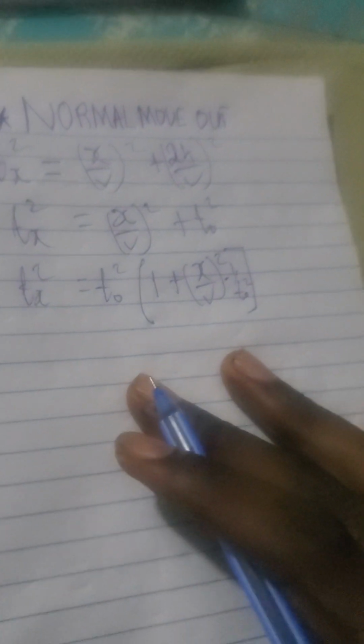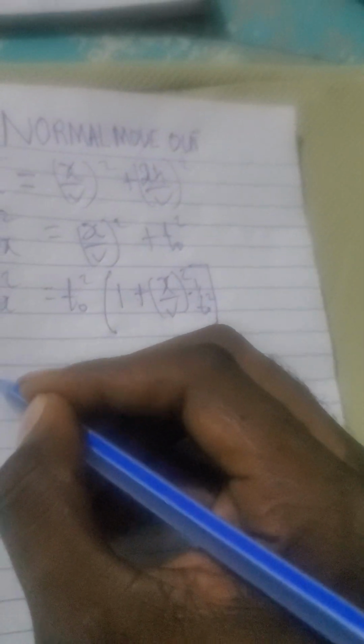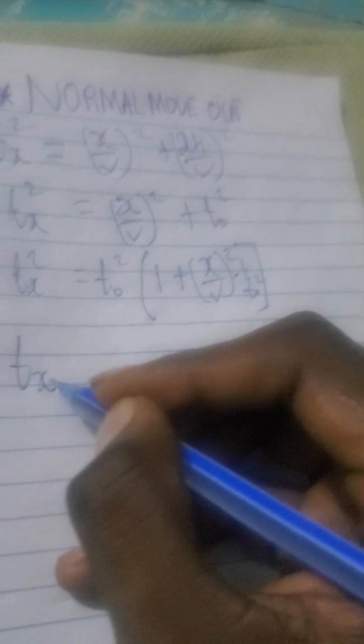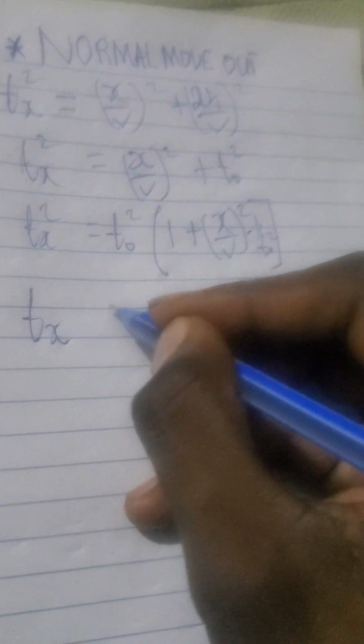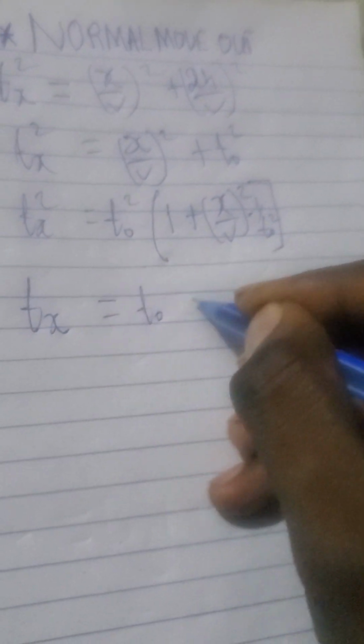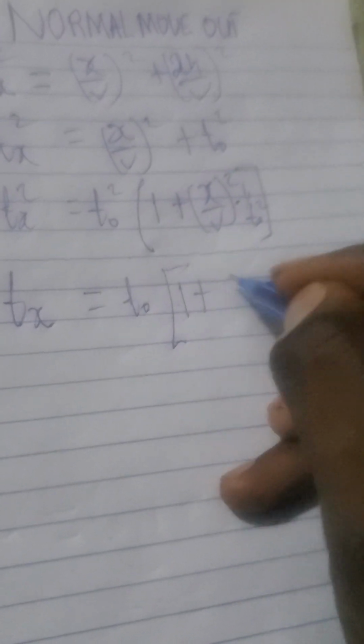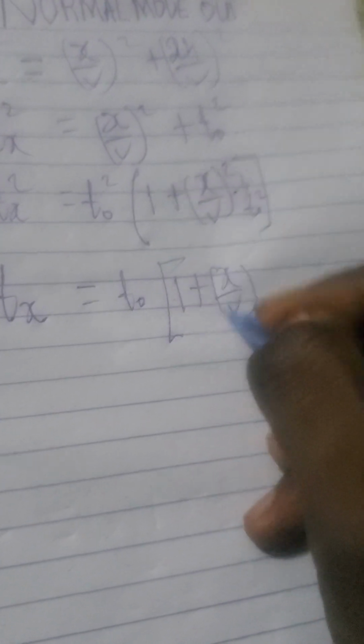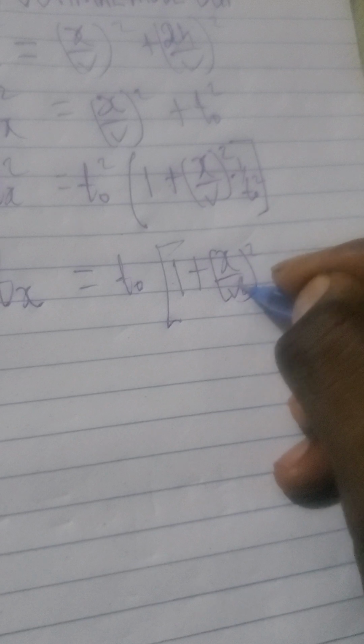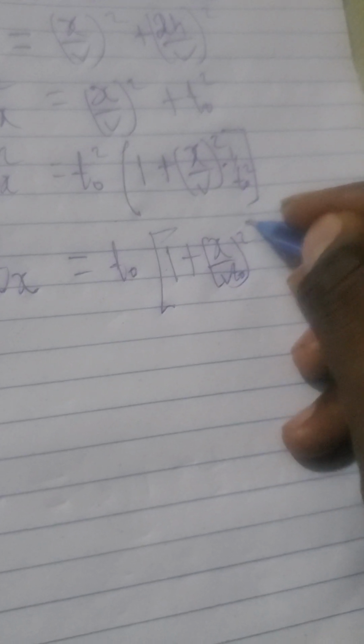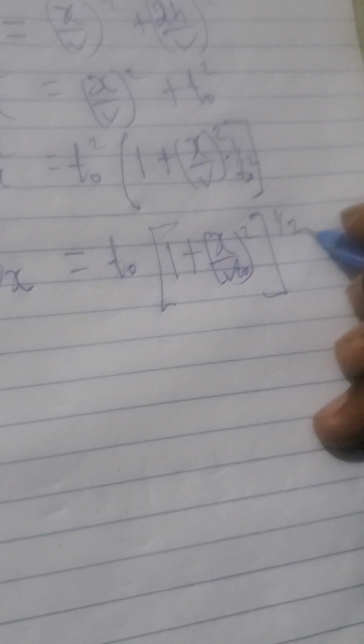So tx squared is given this way. If you apply the square root each side, you get tx is equal to t naught times 1 plus x over v t naught squared, then raised by a half.